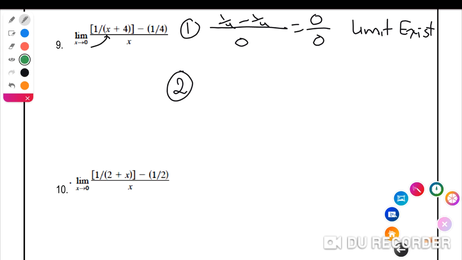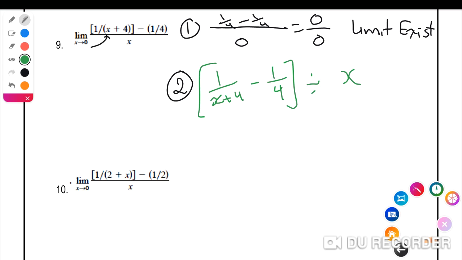How to do this one? By making the simplification. Here, 1 over x plus 4 minus 1 over 4, all divided by x. It means I have to do the subtraction first, as I follow the subtraction of rational numbers.